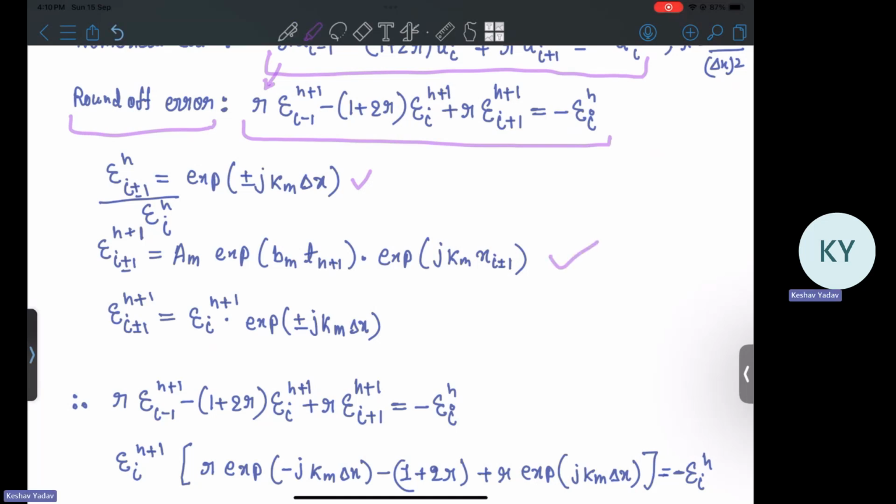This is the expression. If I write the exponential of bm n plus t at m, here I should write at n plus 1, plus j km x at i plus minus 1.